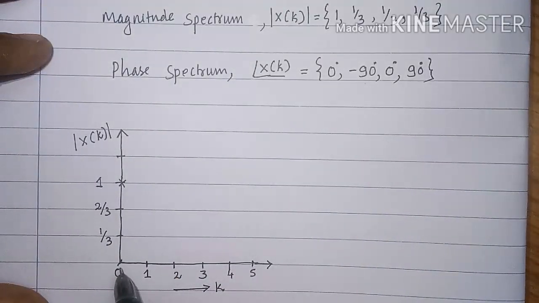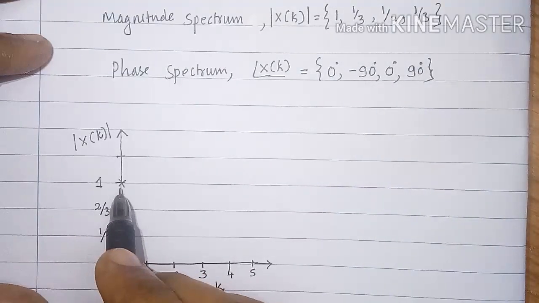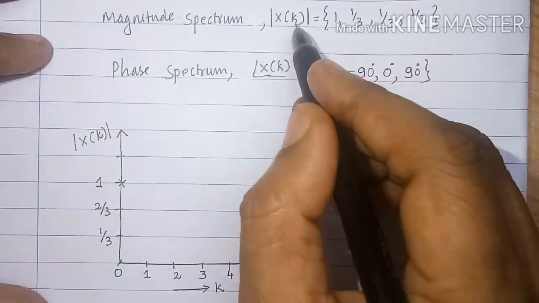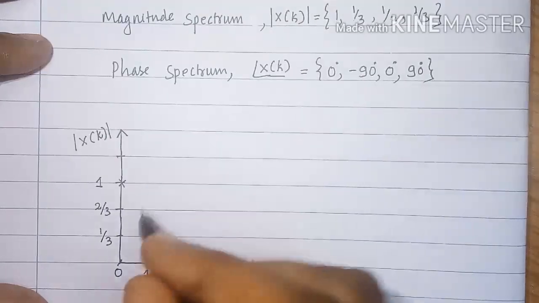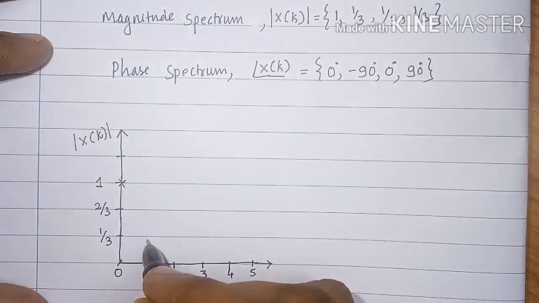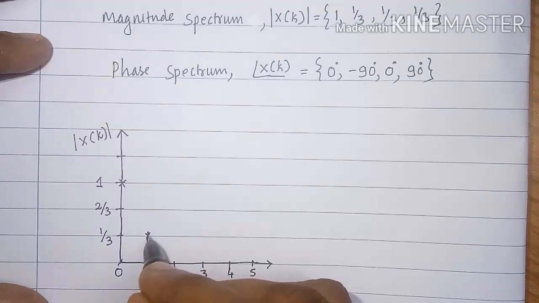For k equal to 0, x of 0 is 1, so here we will show x of 0 equal to 1. For k equal to 1, x of 1 is 1 by 3. Show that here.